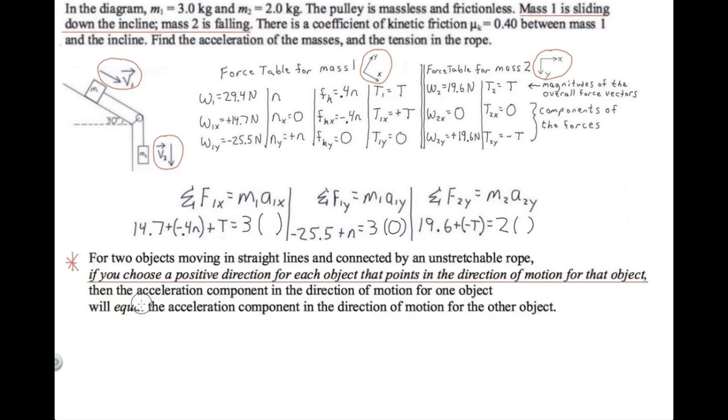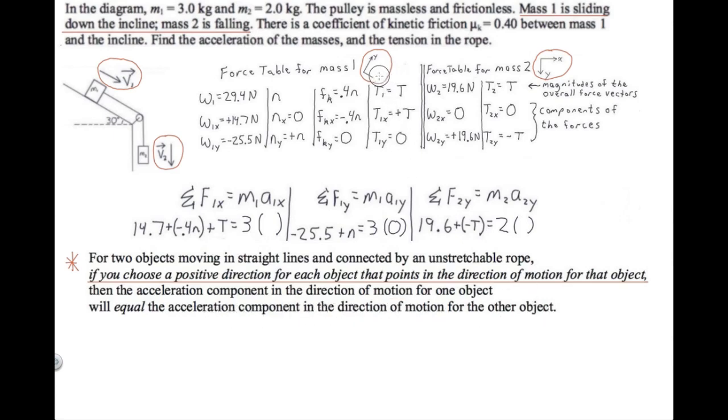the question. If you choose a positive direction for each object that points in the direction of motion for that object, then the acceleration component in the direction of motion for one object will equal the acceleration component in the direction of motion for the other object.